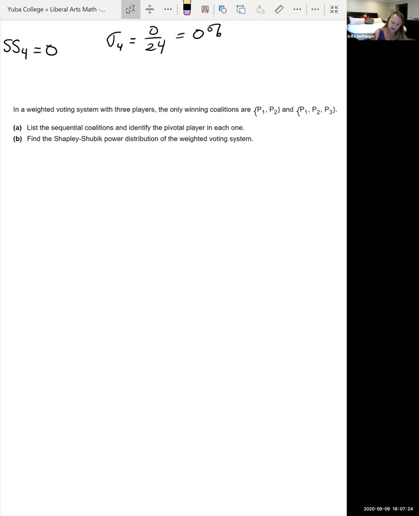Okay, so let's first write down all the possible sequential coalitions for the Shapley Shubik power. And so we could have player 1, and then player 2, and then player 3 come in.